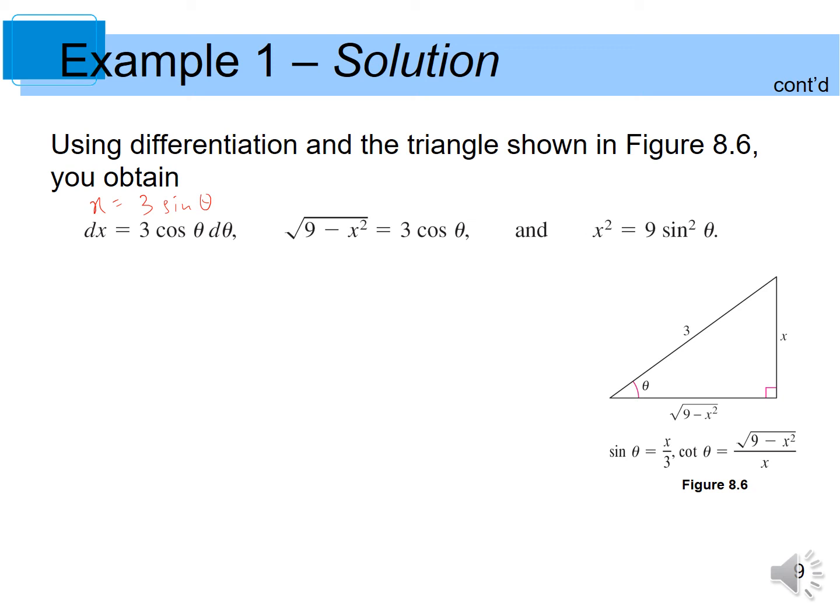For the radical part, we have radical 9 minus x squared, where x is equal to 3 sine theta. So we simplify this radical form. Squaring both sides, we have x squared equal to 9 sine squared theta.